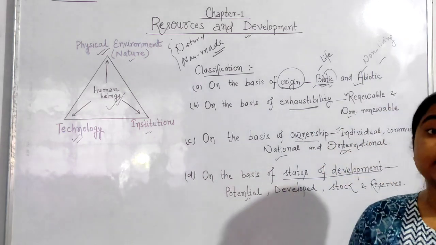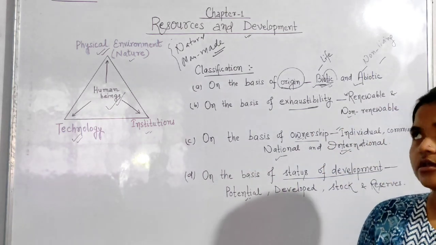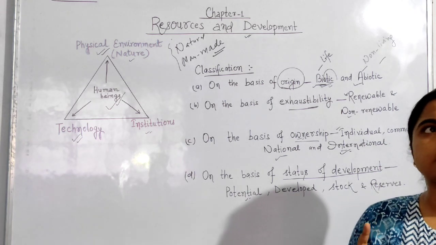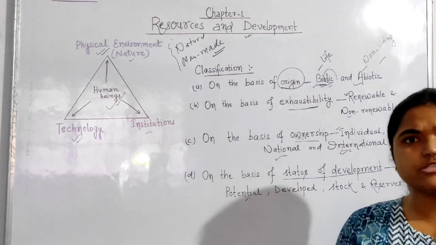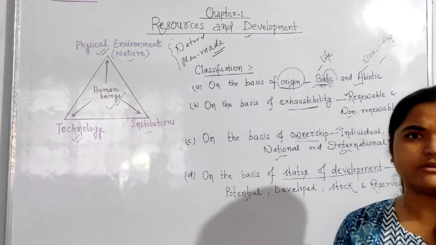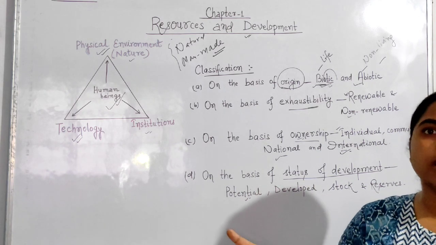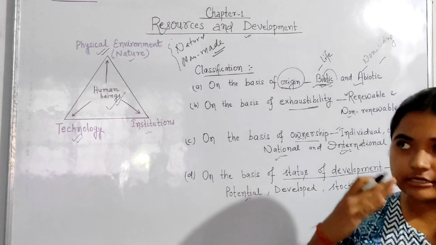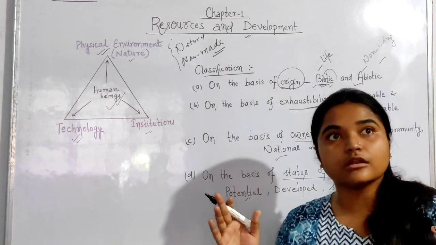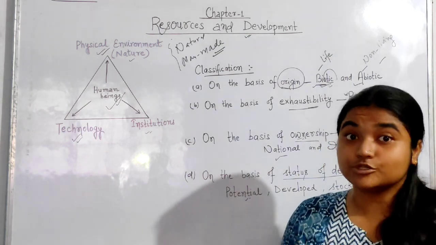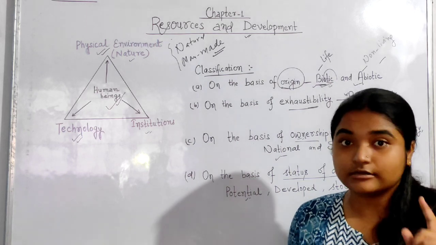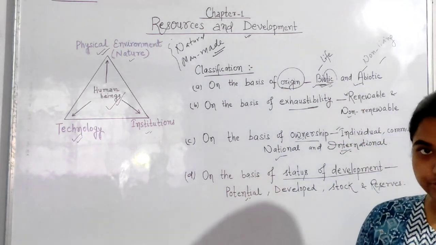That is called potential resources. For example, some of the minerals present underground; maybe we aren't aware of them, or maybe we are aware of them, but till now the researchers are working on their use, and actually we are not using them. That is called a potential resource.